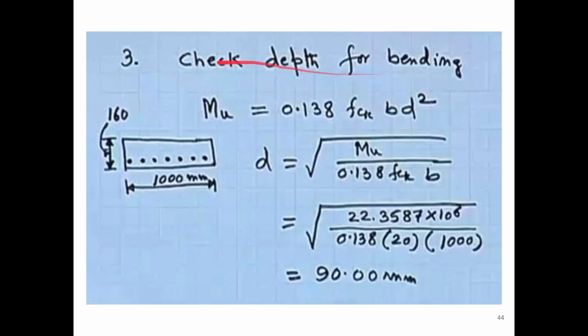For Fe415 bars it is 0.138 fck bd square; I think for Fe500 it was 0.133 fck bd square, and for Fe250 it was 0.149 fck bd square. So d is equal to square root of Mu by 0.138 fck b.